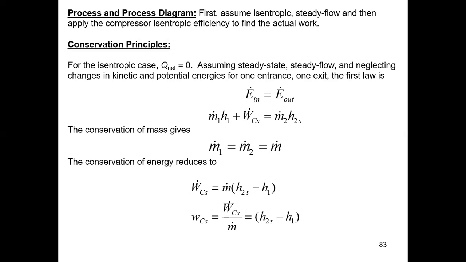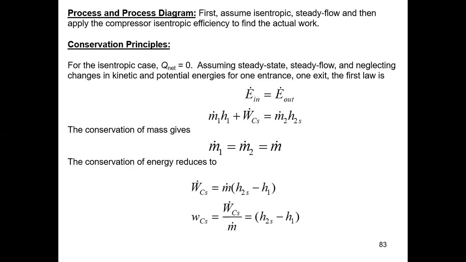Q net is 0, assuming steady state, steady flow, and neglecting changes in the kinetic and potential energy for one entrance, one exit. The first law is this. E dot in equals E dot out, where dot means flow rate, is M1 dot H1 plus W dot CS equals M2 dot H2S. Conservation of mass gives M1 dot equals M2 dot equals M dot.